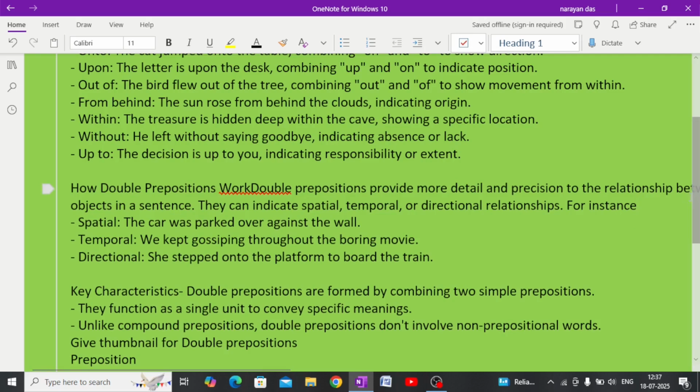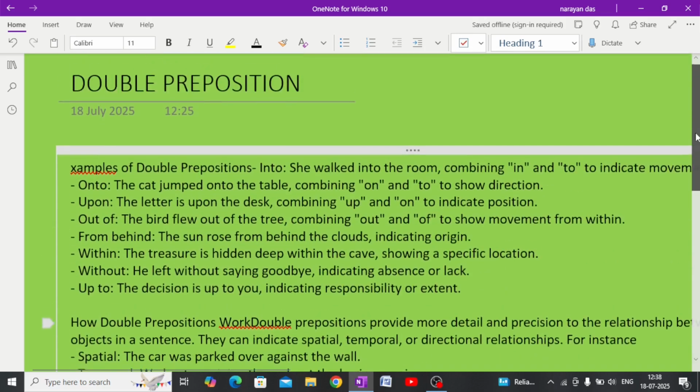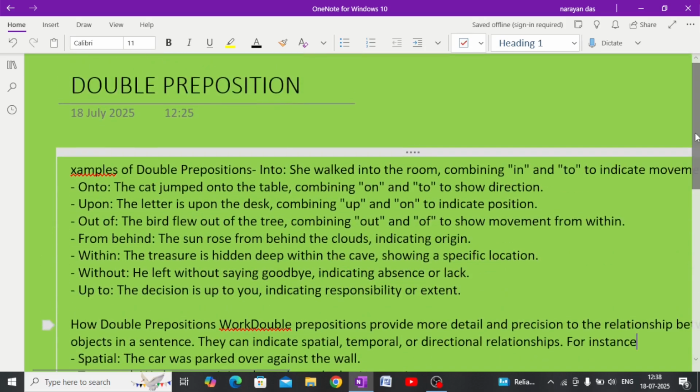And as you know, in the grammar arena, of all the grammatical items, preposition is one of the trickiest, hardest and most complex items to be understood. So use different books and understand how a certain preposition is used in a certain reference.